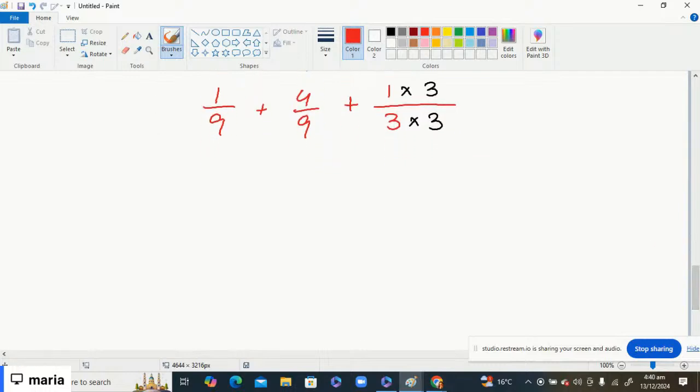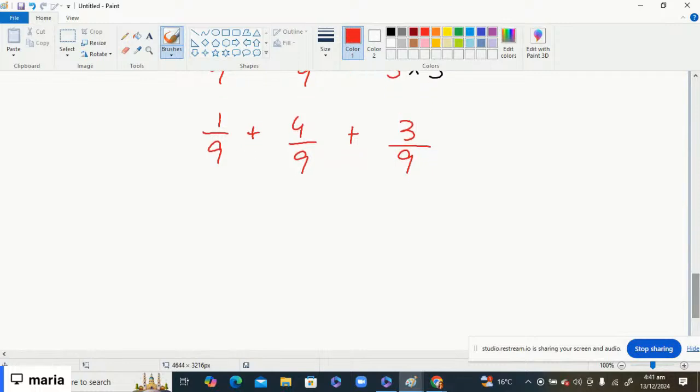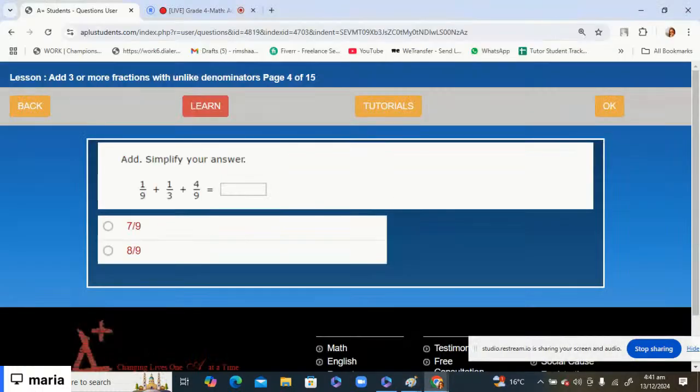So putting 1 by 9 here, 4 by 9 here, then 3 by 9. 3 times 1 is 3, 3 times 3 is 9. Now just putting 9, adding the top numbers, 1 plus 4 plus 3. That is 8 over 9. Let's see the answer. Yeah, it's option B. That is 8 by 9.